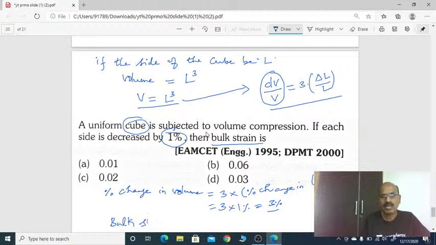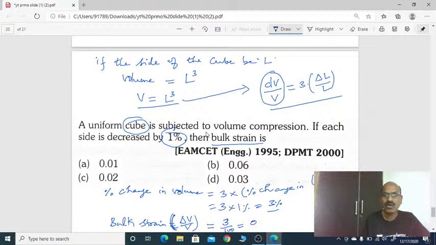Bulk strain is nothing but change in V by original V. Bulk strain, change in volume by original volume, that is equal to the percentage given, 3%, that is 3 by 100.